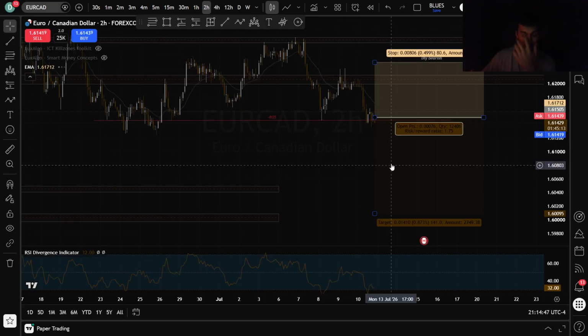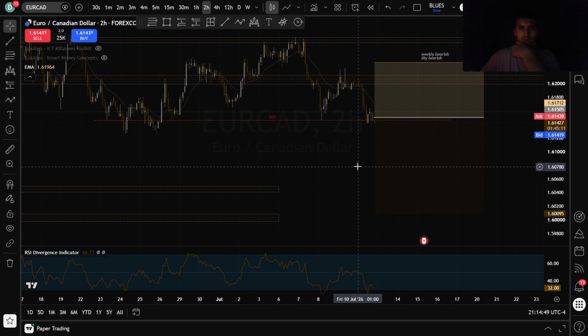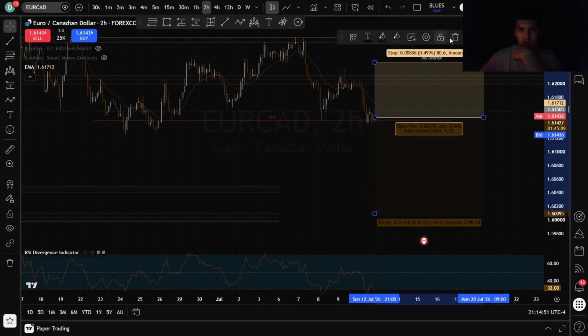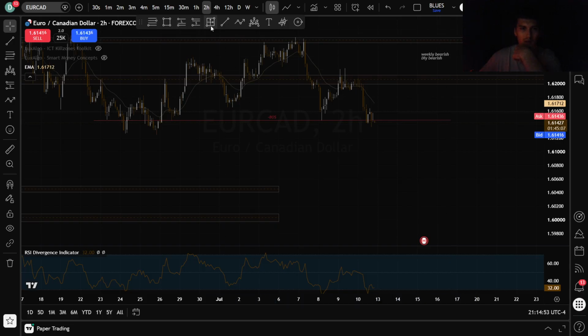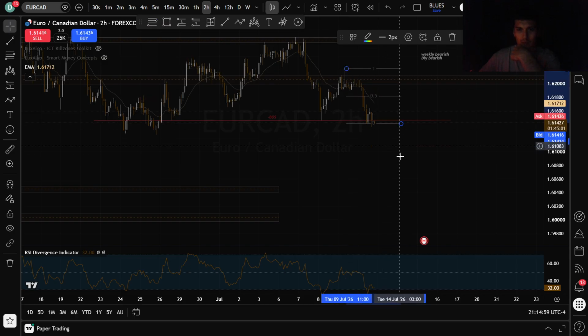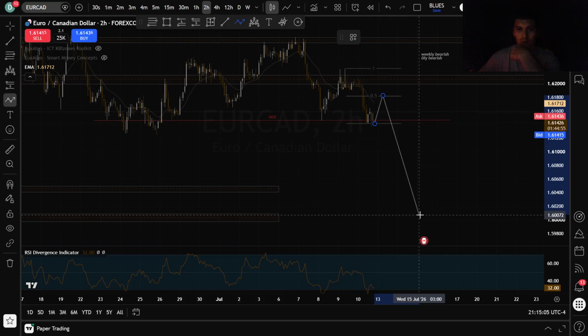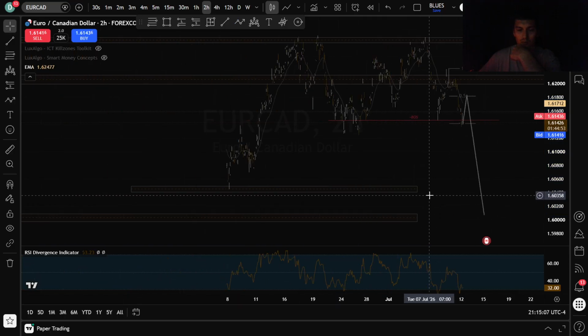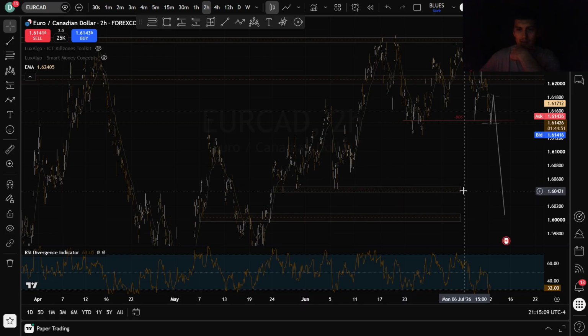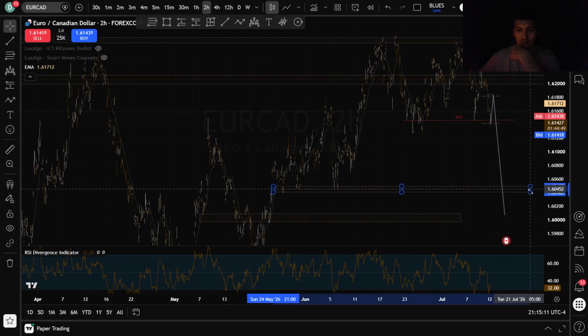So now what I'm going to do on the 2-hour time frame, I'm going to go from this high to this low, and if we can somehow have a pullback anywhere into here to go lower, we do have a key level right there for our take profit as well.